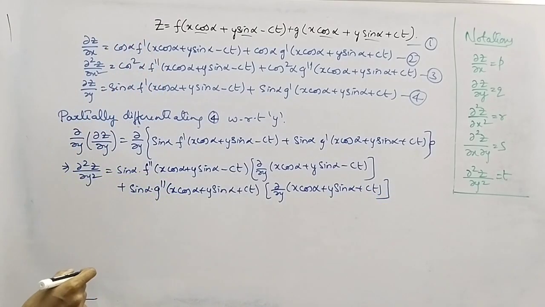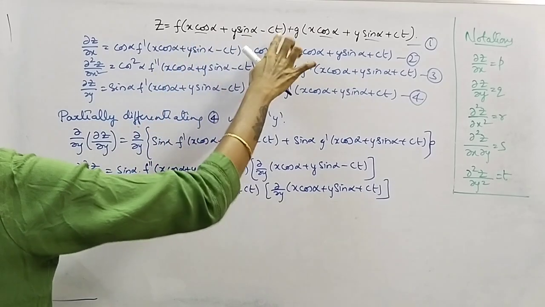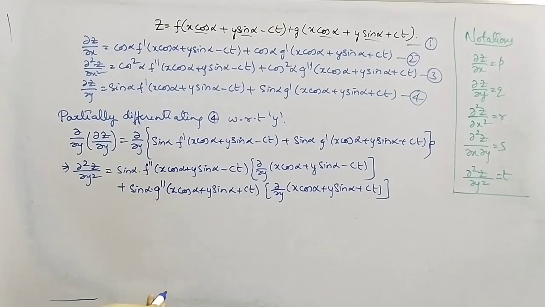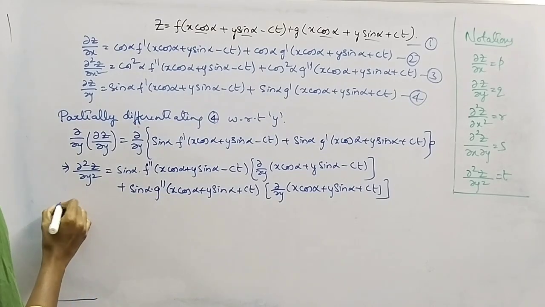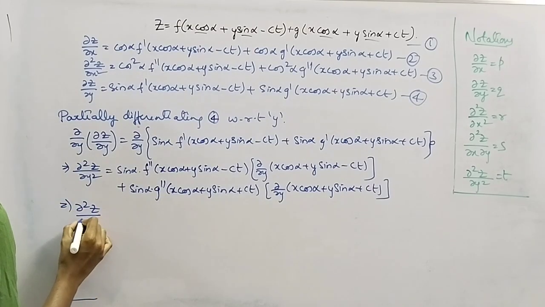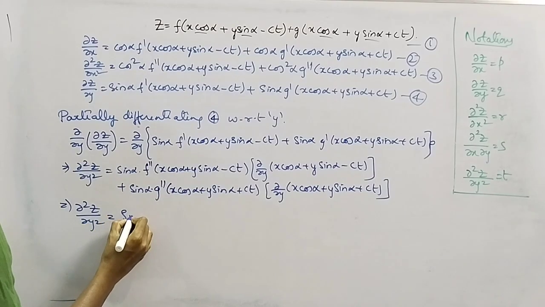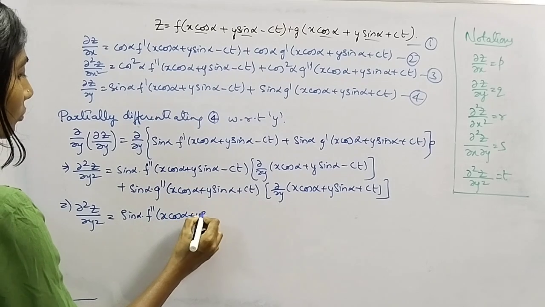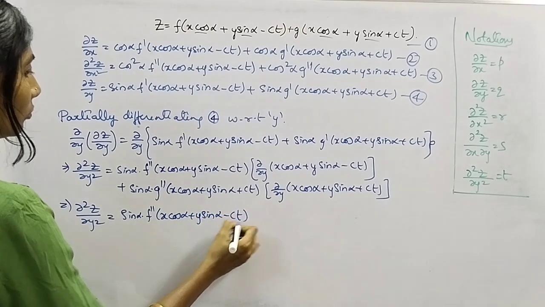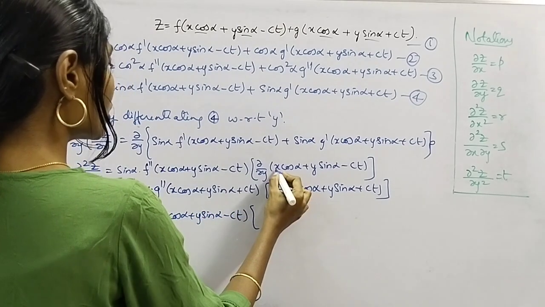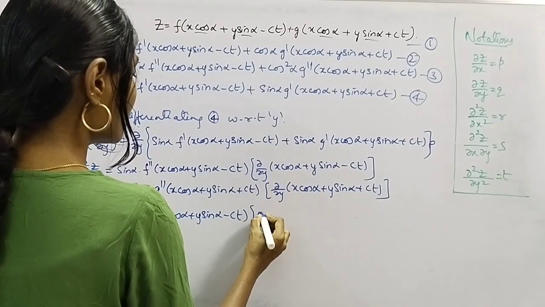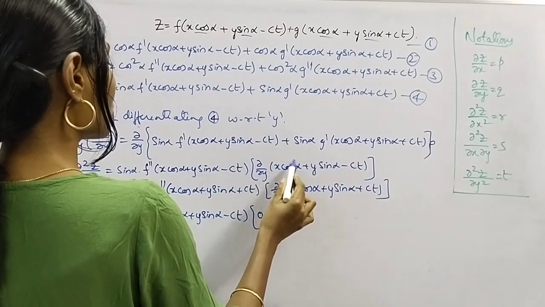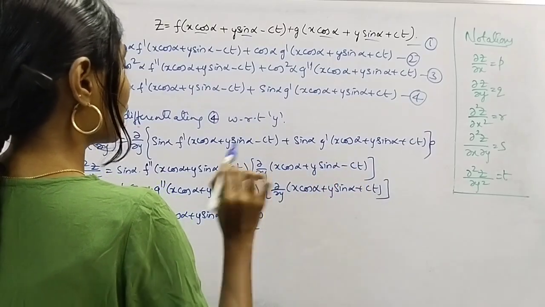It is easy, we just have a number of terms, that's it. But cos alpha, sin alpha, t, c are constants, so you don't need to worry about it. This gives us sin alpha into f double dash into inner derivative. The partial derivative of x cos alpha with respect to y is 0, since we are partially differentiating with respect to y. X is treated as a constant, and also cos alpha, sin alpha and c are constants.